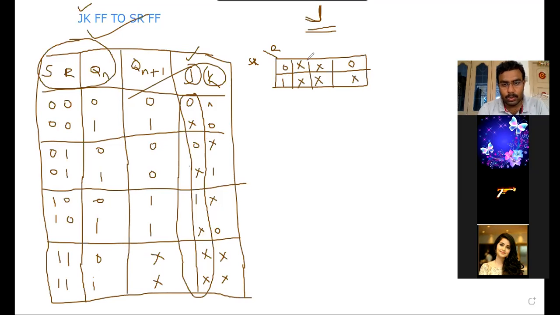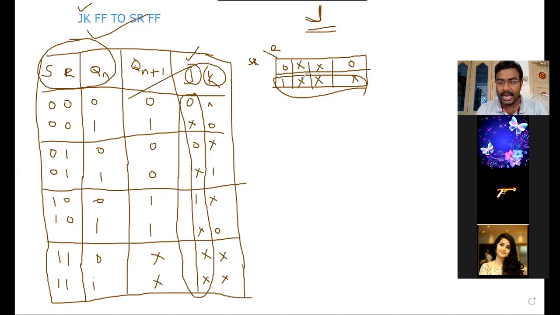Okay, so you can simplify like this. You can have a quad in here. Or else, let us group these things. These three were don't cares. We already know that taking the value of don't care is the designer's wish.